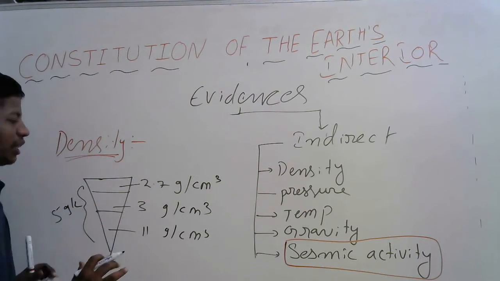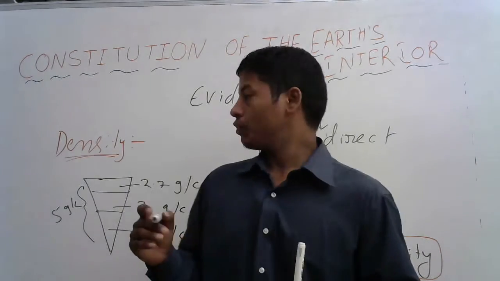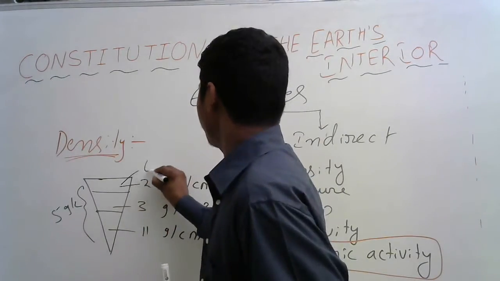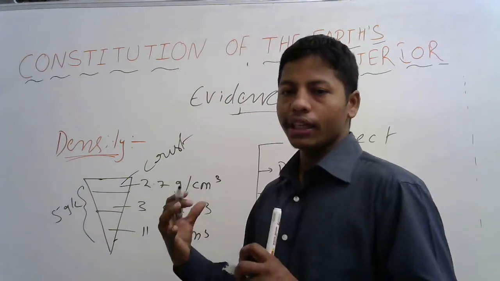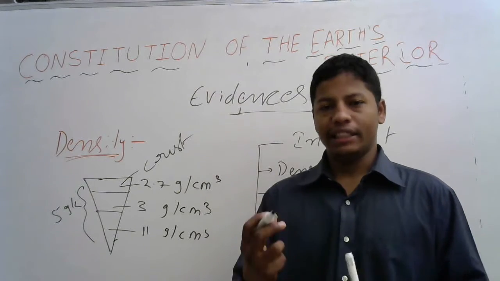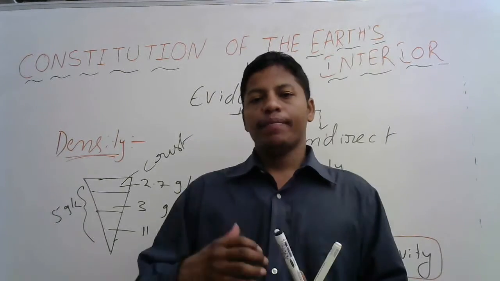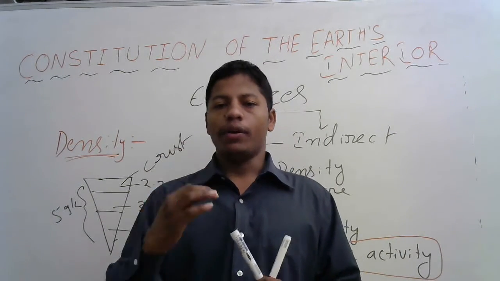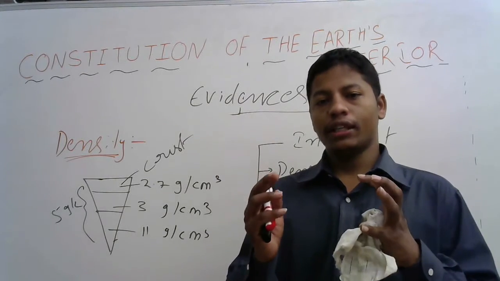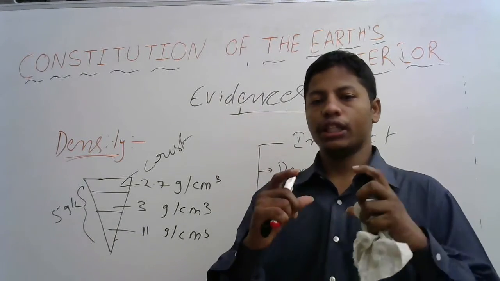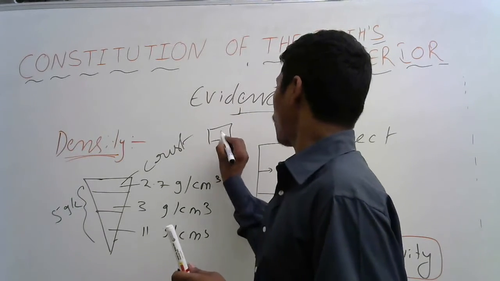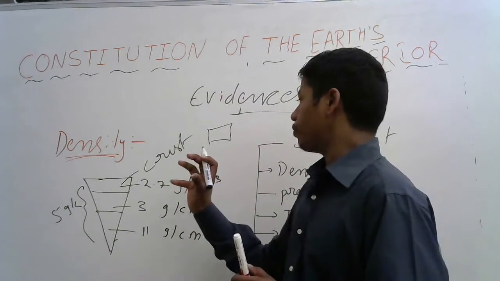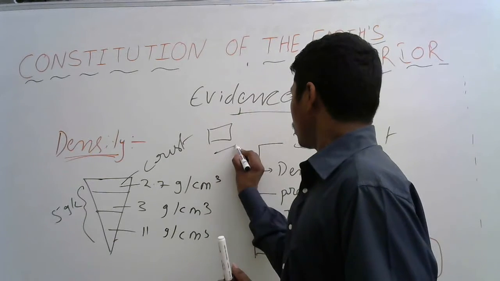This is the density. Why does the density increase from crust to core? What is density? Density means mass by volume. How much mass does a certain volume contain? If you take some cubic meter, how much is the mass, how much is the weight?